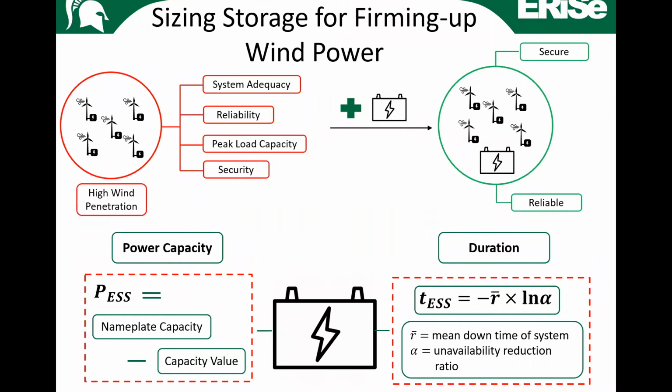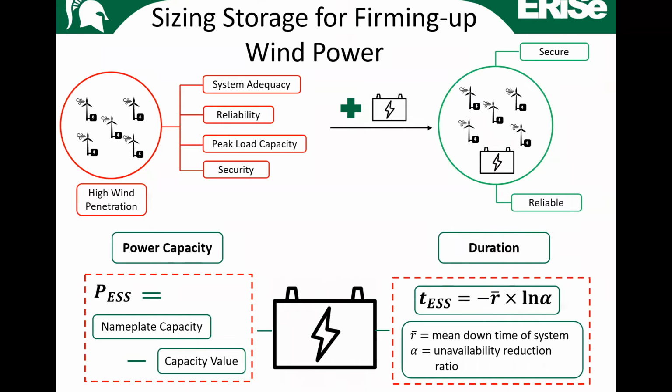And here's the satisfying part: my research led to this, which explains it. If the nameplate capacity is 200 megawatts and your capacity value is about 25% of that, which is 50 megawatts, then you'd need 150 megawatts of battery or any form of storage.